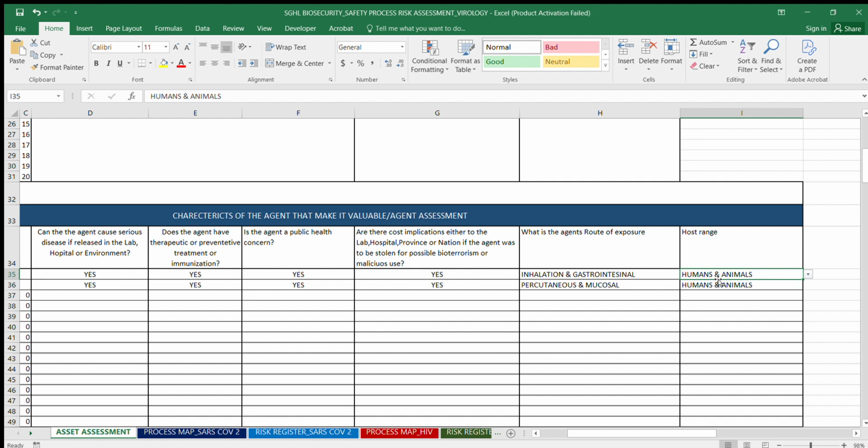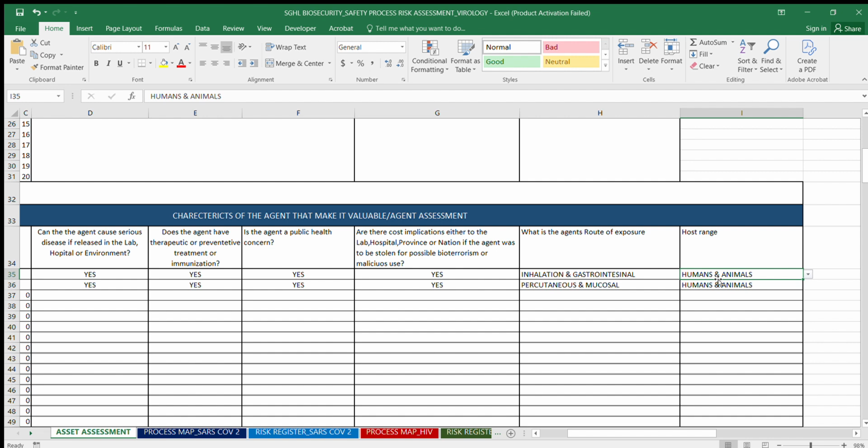Host range. So what is the host range? Can it affect humans? Can it affect animals? Can it affect the environment, that is plants and other aquatic life? So can it affect all these hosts that it infects, or that they get exposed to it?